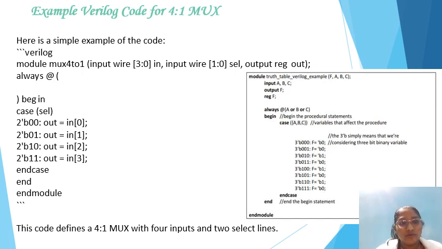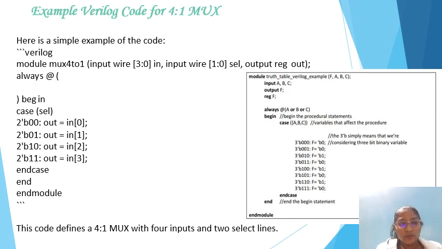Here, as we have said, for the declaration we use module and data. Here we have written input wire [3:0] data in, which is 4 input data lines. We have given input wire [1:0] sel, that is 2 select bits.